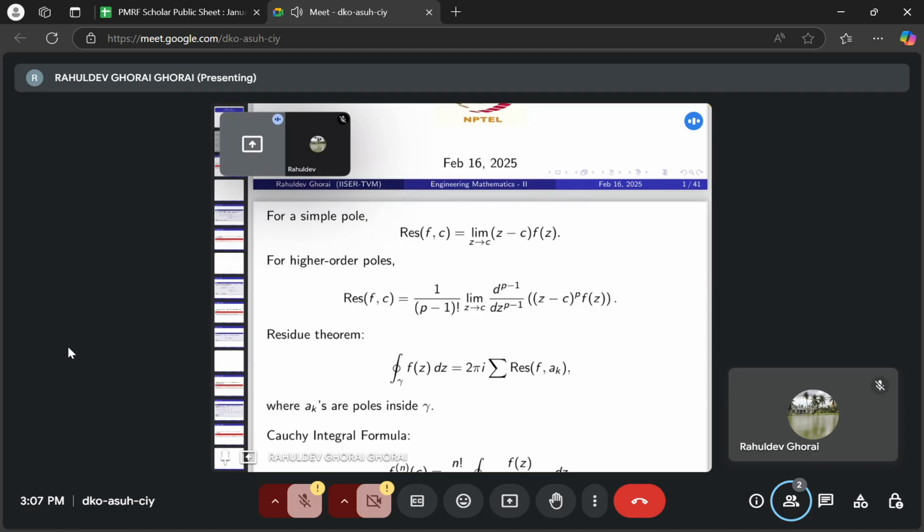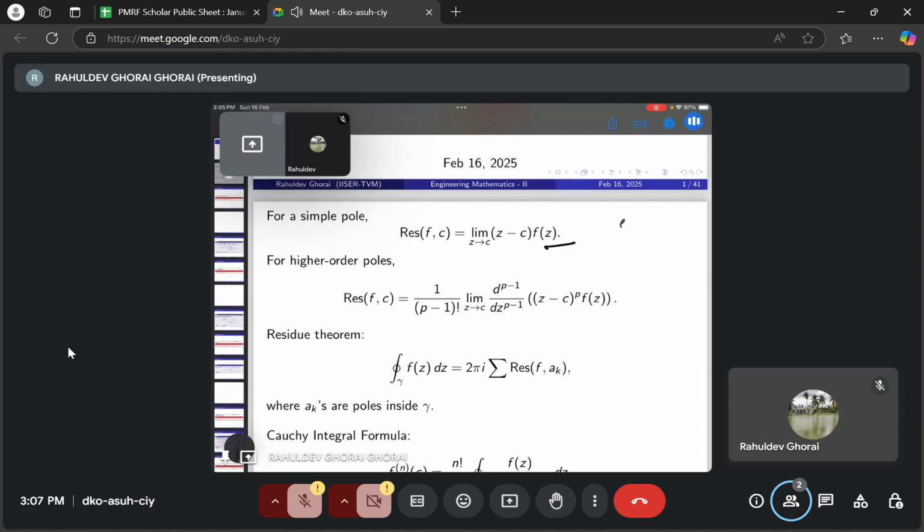First of all, if you have a pole, we can define what is called residue. For a simple pole, where the pole is C, the residue of f is the limit of z tends to C of z minus C times f(z).